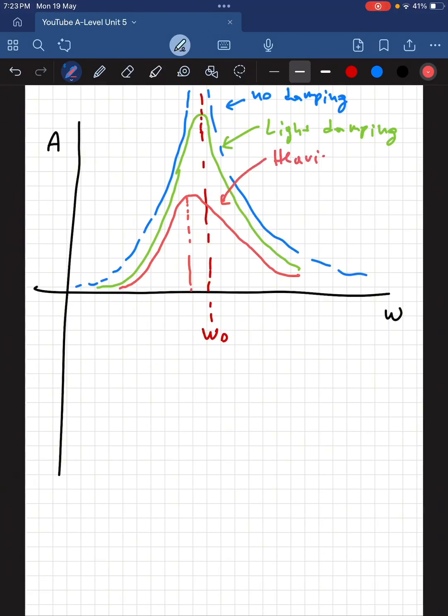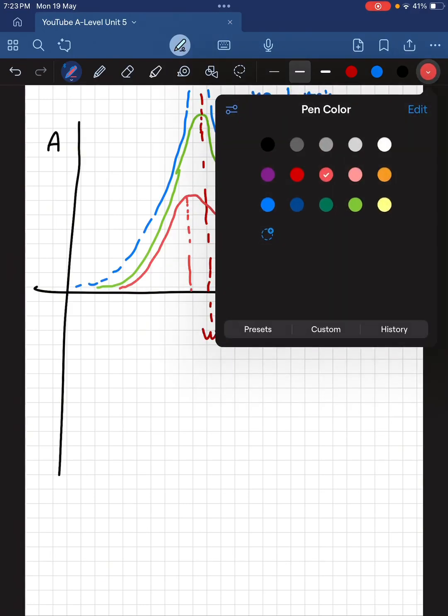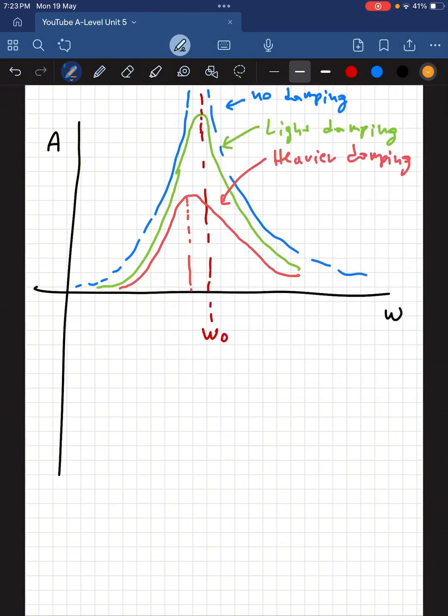So this is heavier damping. And if we use an even stronger damping, we will get something that looks like this. So we still get a maximum, again, at a lower angular frequency, okay? So this is heavy damping.